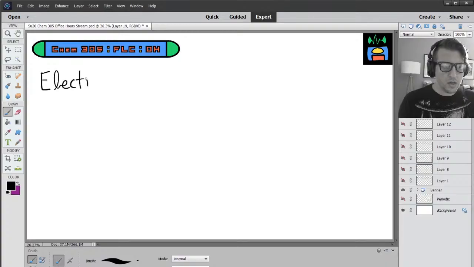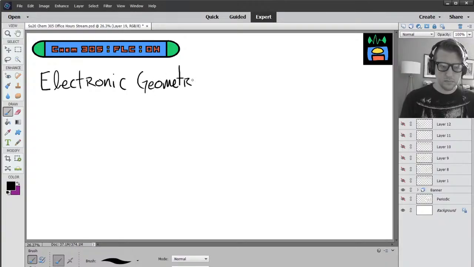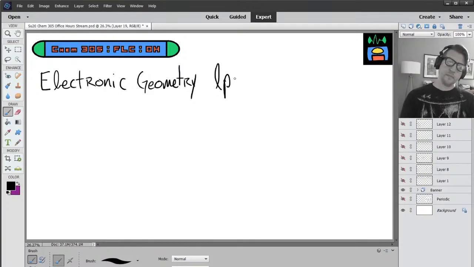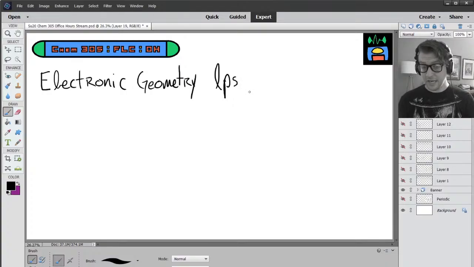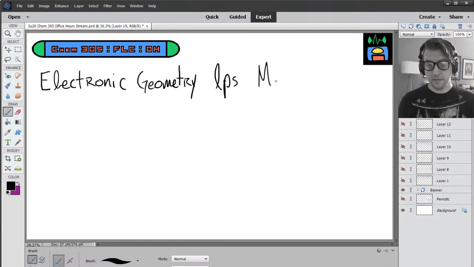So electronic geometry plus lone pairs on your central atom, again, determine your molecular geometry.